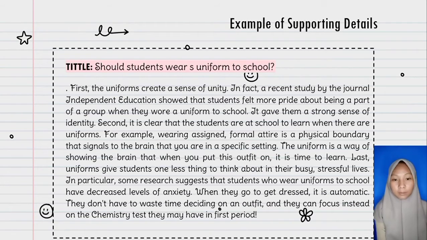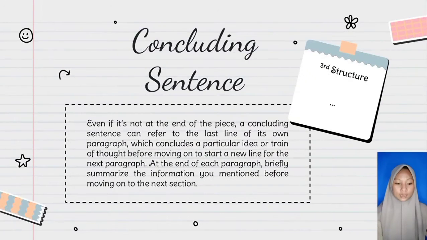Last, some research suggests that students who wear uniforms to school have decreased levels of anxiety. When they go to get dressed, it is automatic. They don't have to waste time deciding on an outfit, and they can focus instead on the chemistry they may have in first period.